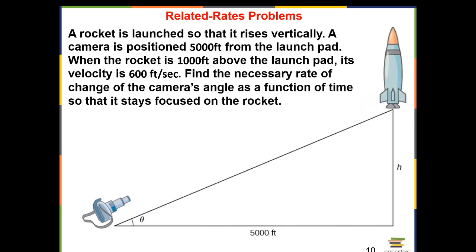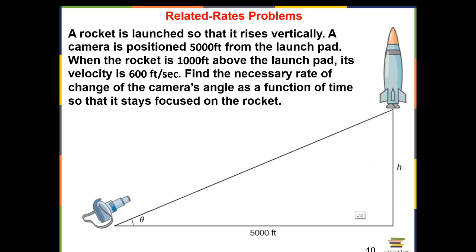All right, here's another one. A rocket is launched so that it rises vertically. A camera is positioned 5,000 feet from the launch pad. When the rocket is 1,000 feet above the launch pad, its velocity is 600 feet per second. Find the necessary rate of change of the camera's angle as a function of time so that it always stays focused on the rocket.